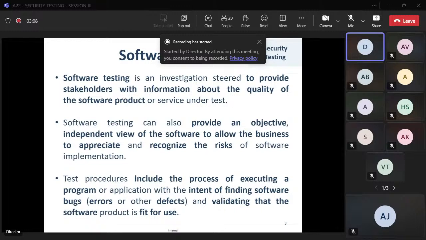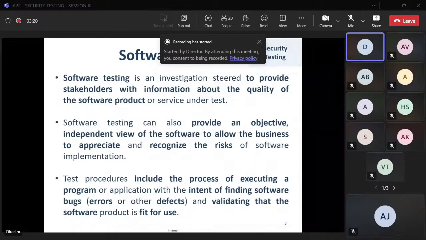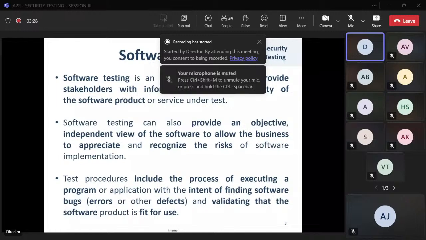There will be an objective for each and every test, and it gives you an independent view of the software, allowing the business to appreciate and recognize the risks. If many errors are identified during the testing phase, they need to be fixed before the release of that particular product.